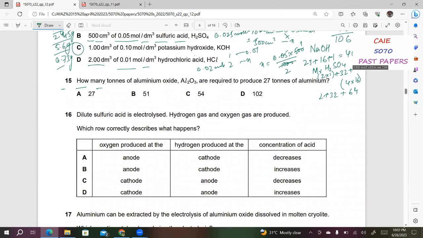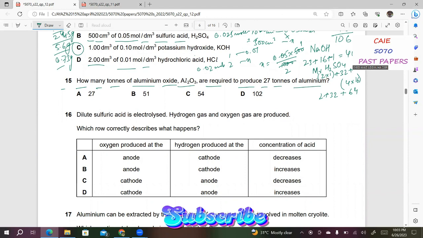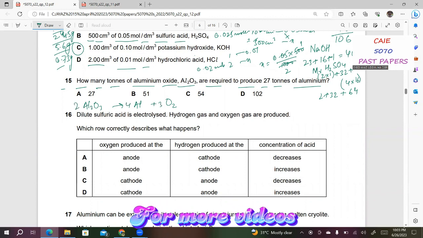Question 15. How many tons of aluminium oxide, Al2O3, are required to produce 27 tons of aluminium? Let's write down the formula first. If you break Al2O3, you will get Al plus O2. Let's balance the equation. We have 2 Al2O3, 4 Al and 3 O2. We are concerned with Al and Al2O3.